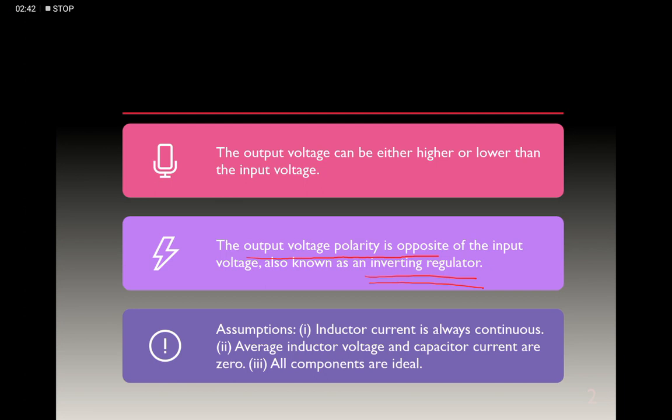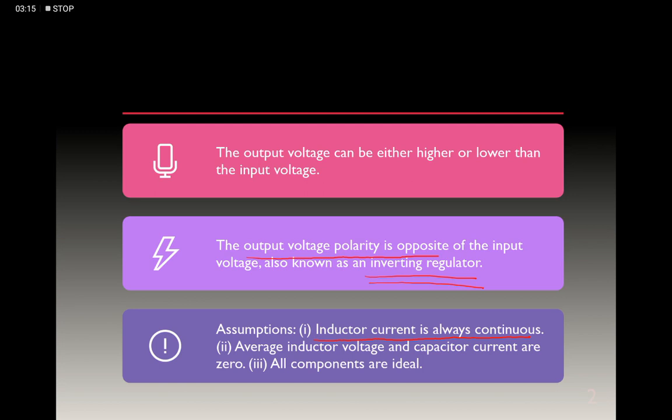Okay, so before we begin our analysis in steady state, there are a few assumptions that we need to consider. The first one is that we need to assume that the inductor current is always continuous, which means that regardless of whether the switch is on or off, the inductor current must always be a positive value.